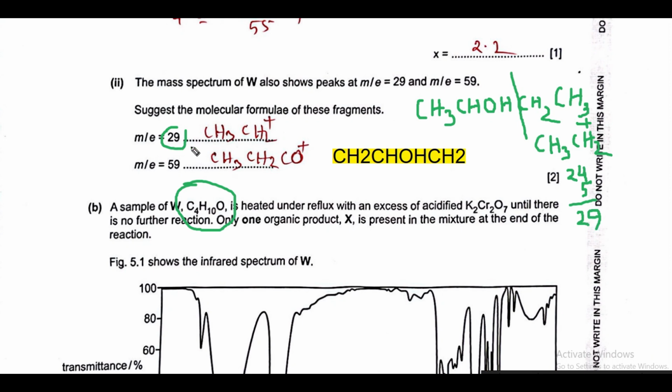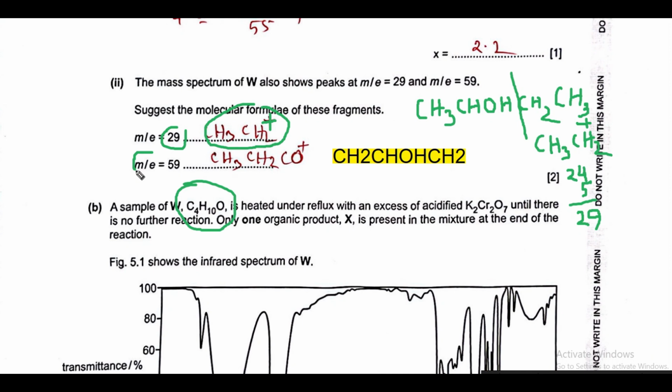So for m/e 29, the ion will be CH3 CH2 plus.